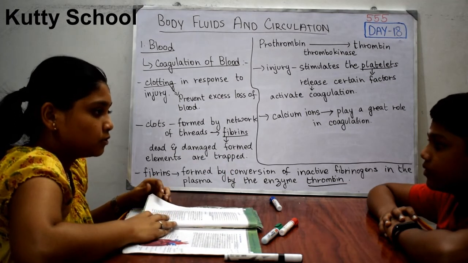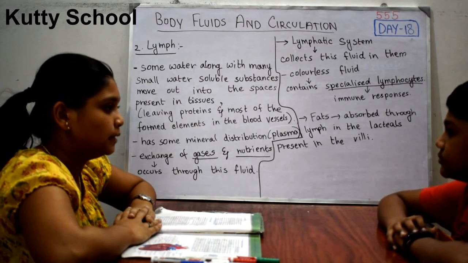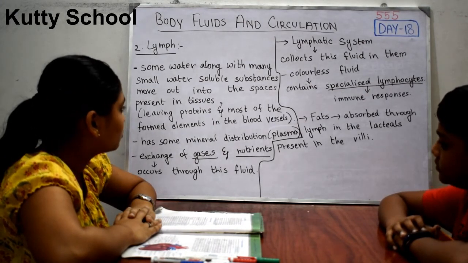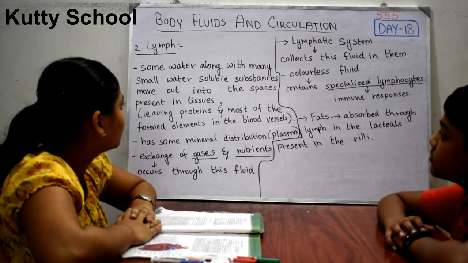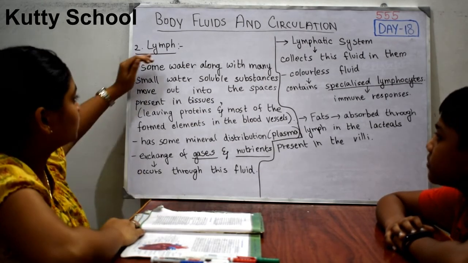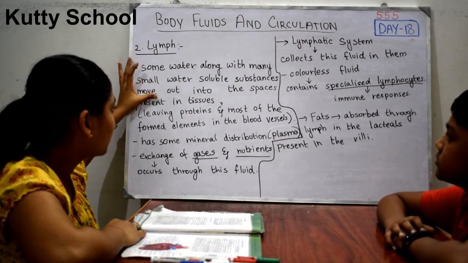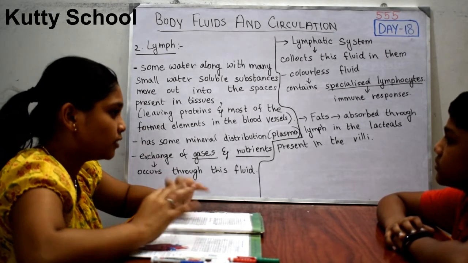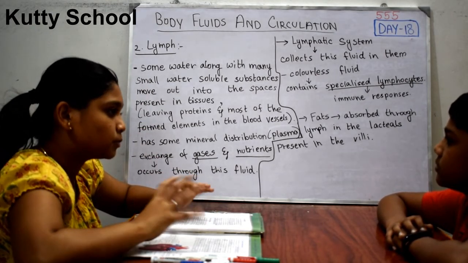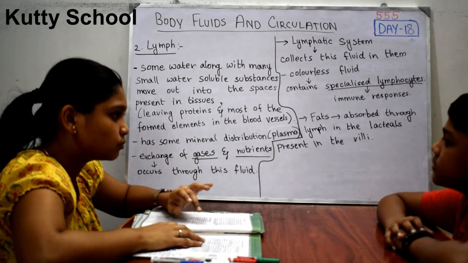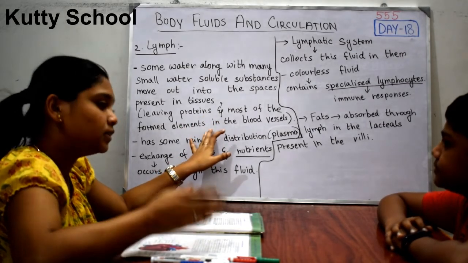lymph, which is also known as tissue fluid. Okay. Now we are going to see our second topic, which is lymph. So this lymph is also known as tissue fluid. Some water, along with many small water soluble substances, moves out of the blood vessels and enters into the spaces between the tissues, leaving proteins and most of the formed elements in the blood vessels.